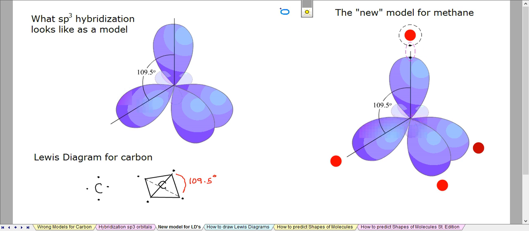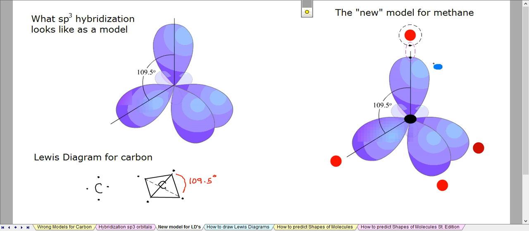Here's the nucleus of carbon right there. I'll pop that in black just so you understand there's carbon's nucleus. This electron here would still spend some time even out here, but most of the time it's bonded or paired up with this electron.